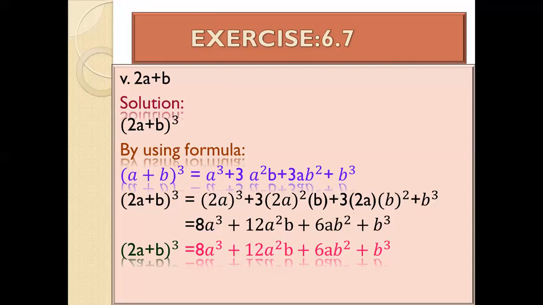When we multiply 4 with 3, 12a square b, plus 3 2s are 6, 6ab square plus b cube. How easy these formulas are. Yes? You only insert the values, you replace the values, and you get the answer.